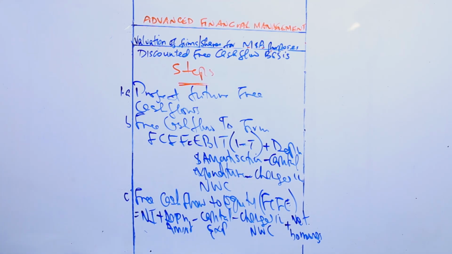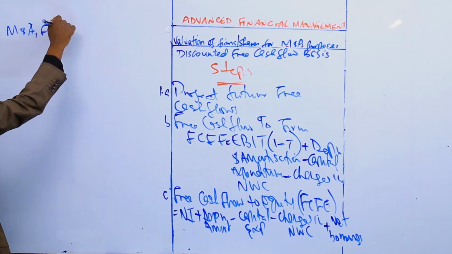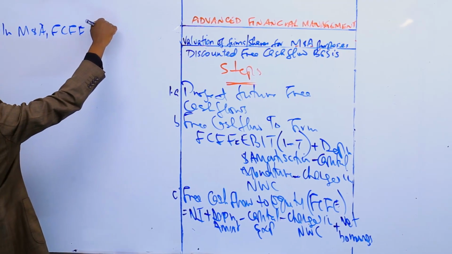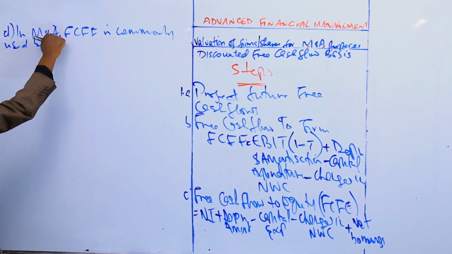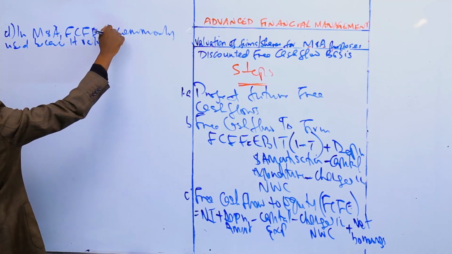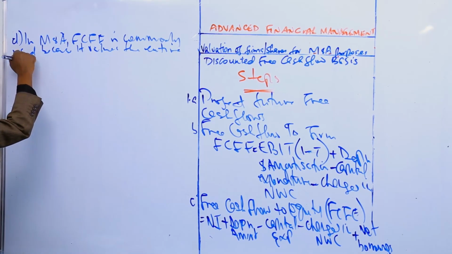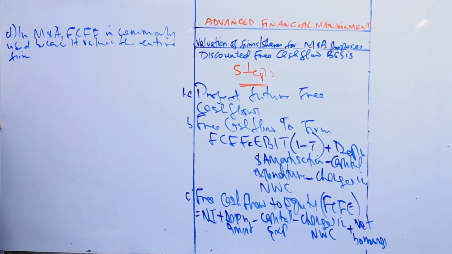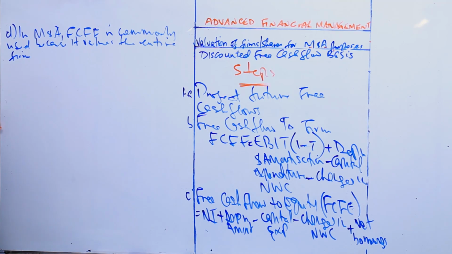Because it values the entire firm, what we call enterprise value, which is then adjusted for net debt to arrive at equity value.